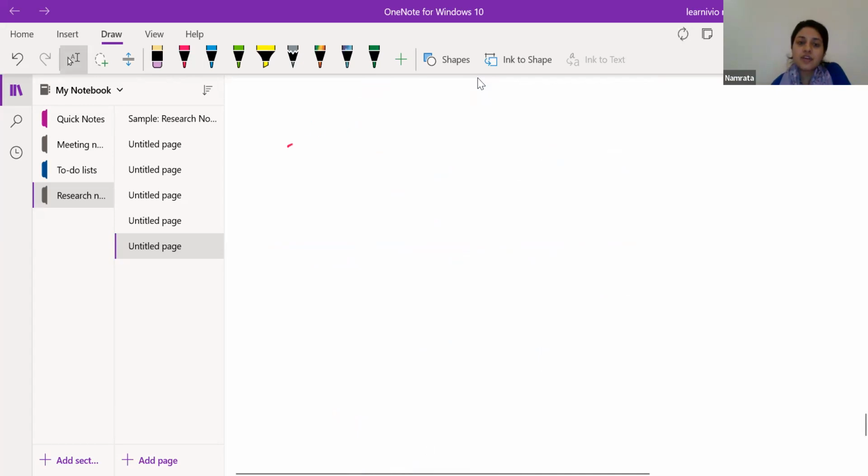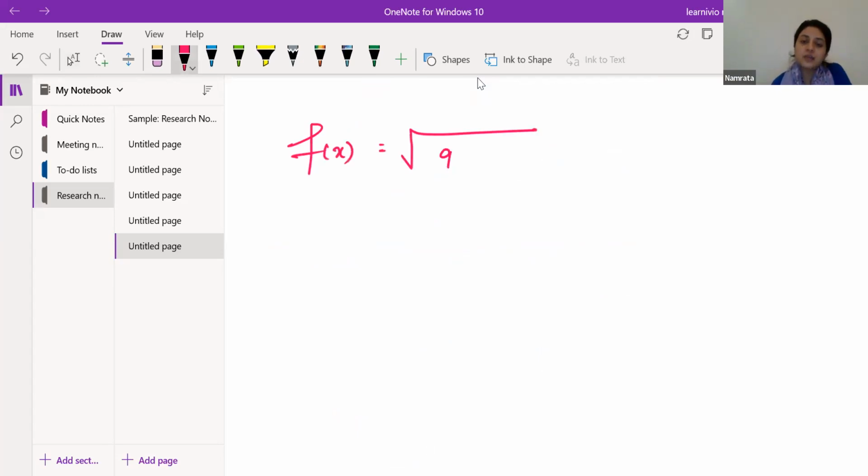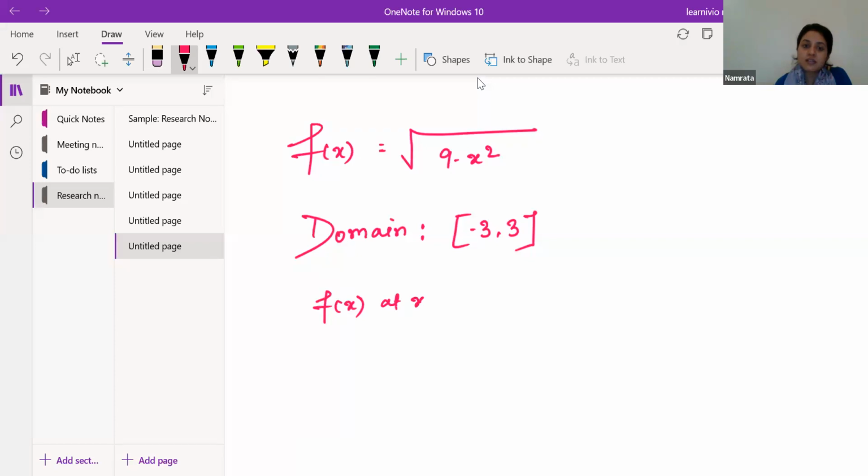Are you getting it? Our function was f of x is equals to 9 minus x square. Here you got the domain as -3 to +3. So when you put -3 in your function, your f of x will be 0, right?